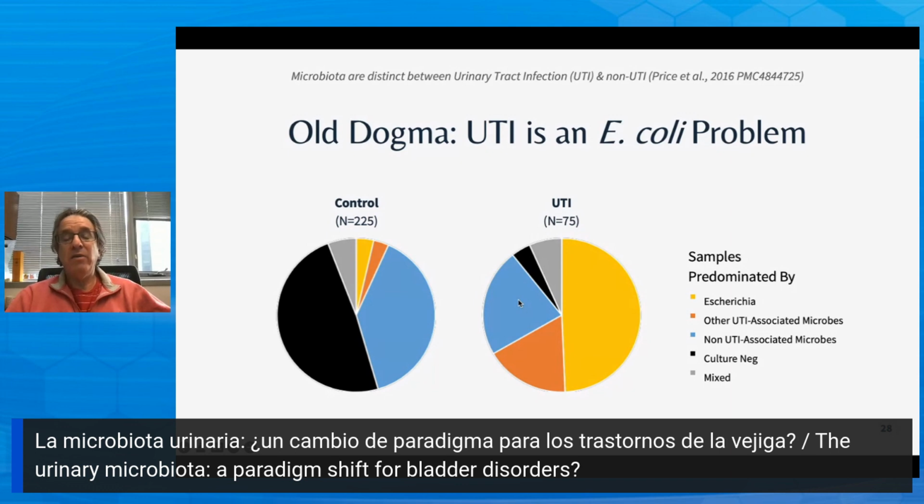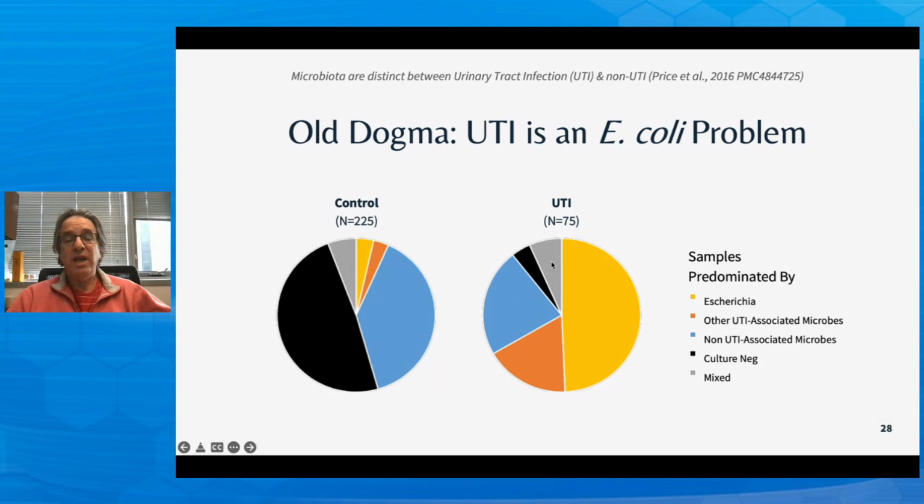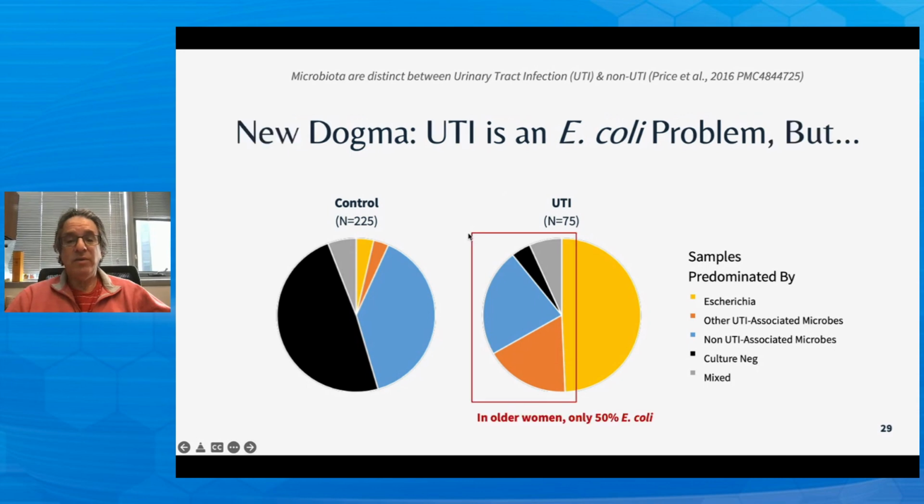And these are microbes that are not usually thought to be associated with urinary tract symptoms. And here are polymicrobial infections. In fact, polymicrobial infections are considered to be, if there's 3 or more microbes on a plate, clinical microbiologists typically call that contamination. We find that that's not true.